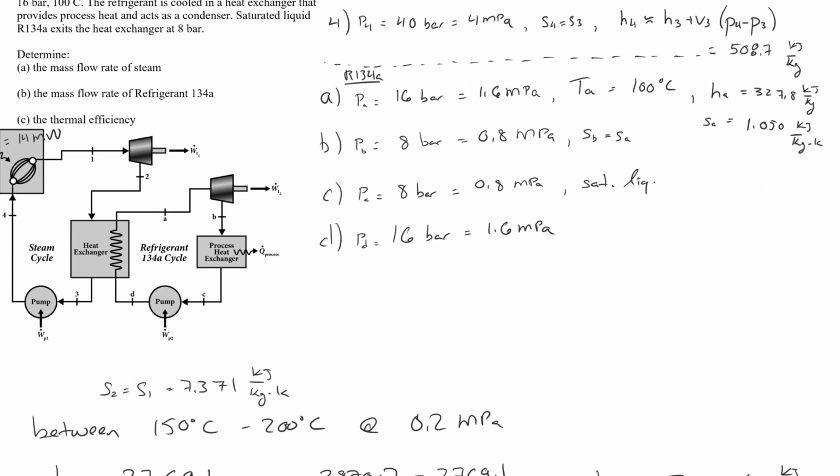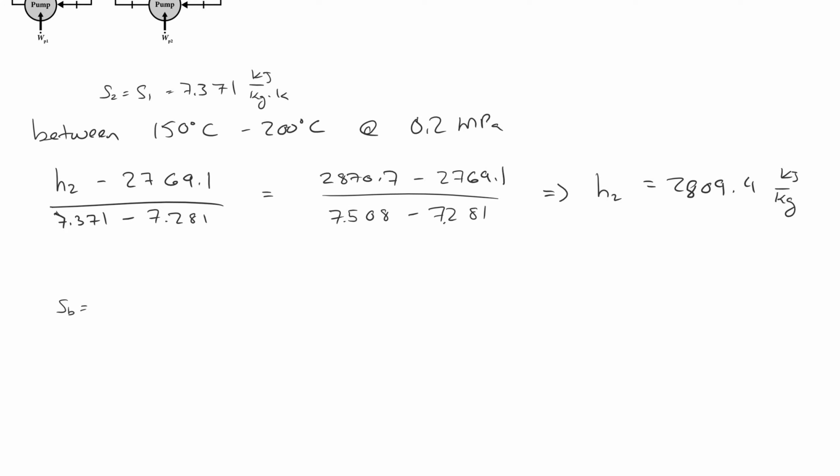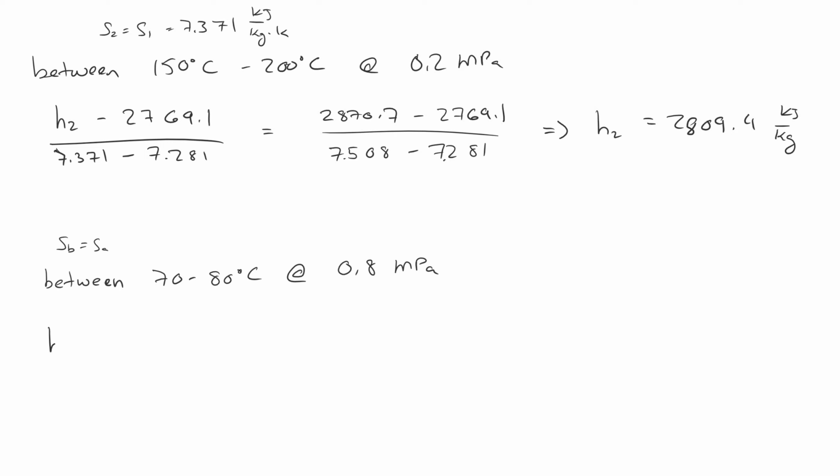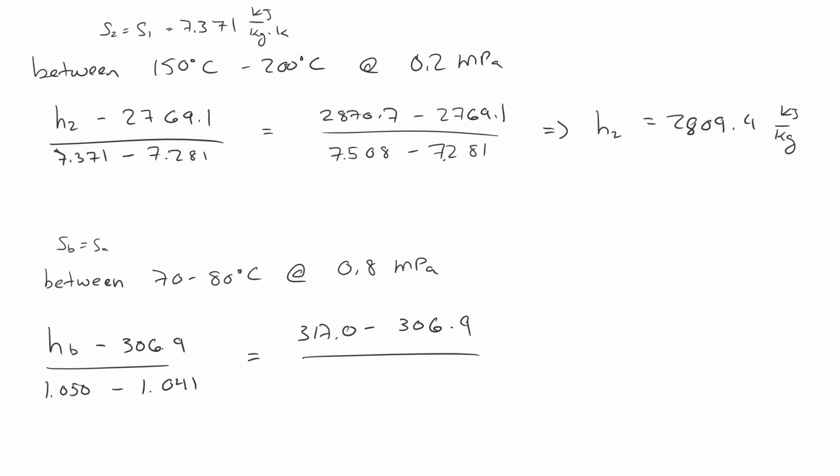So for B, while we're on a roll, if I look in my R134A tables between 70 and 80 degrees C at 0.8 MPa, here I've got the enthalpy value at 70 degrees, the entropy value that I have at B minus entropy at 70 degrees, and then the enthalpy at 80 degrees minus the enthalpy at 70 degrees, divided by the difference in entropies between 80 and 70 degrees respectively.